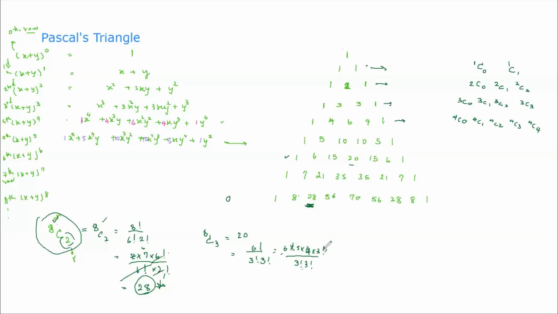So 3 factorial cuts. 3 factorial means 3 times 2, right? So you're going to have 6 times 5 times 4 over 3 times 2. 3 times 2 is 6, so cut here. So you have 5 times 4 equal to 20. Now you see the answer is the same, right? Equal to 20.